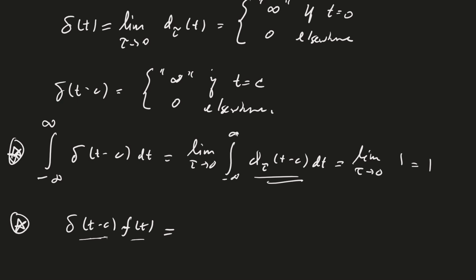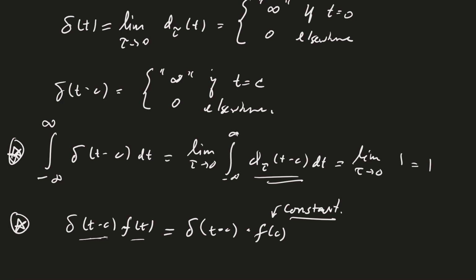And so another way to rewrite this expression is just as the Dirac delta function times f of c. And the important thing to notice here is that this is now a constant. Let me rewrite that so it looks better here. This is delta of t minus c times f of c.